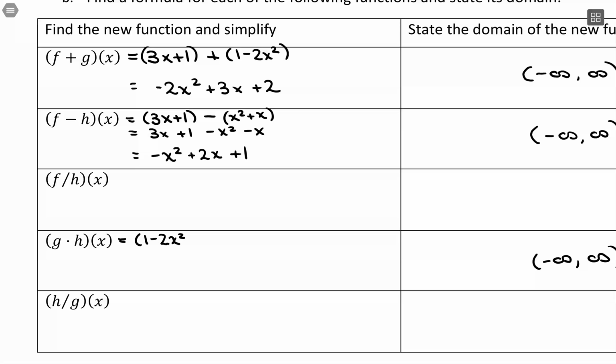Okay, the division of two functions. So taking f of x, which is 3x plus 1, and then over h of x, which is x squared plus x. So with this, my domain starts as all real numbers in terms of what's good for the numerator, what's good for the denominator, except now I have this extra condition that the denominator, x squared plus x, cannot equal 0.